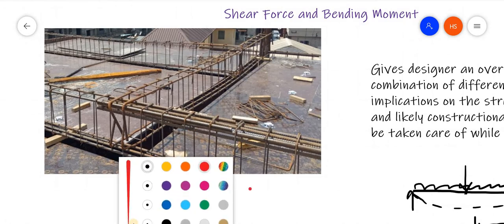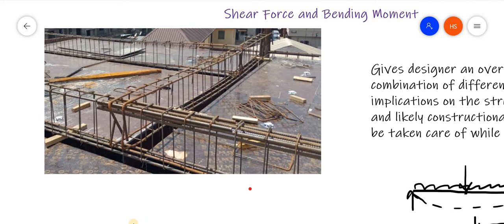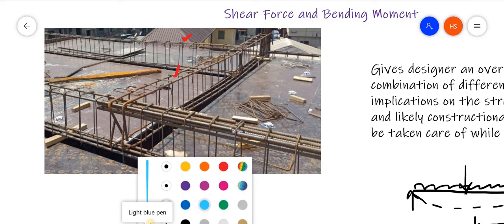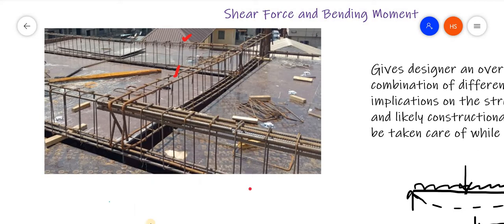Here in this figure, you can see there are different beams. Here is a beam, here is another beam, and another beam. Three beams are here. Understand this: here you have horizontal reinforcement at the top and bottom, and you have vertical reinforcement like this.